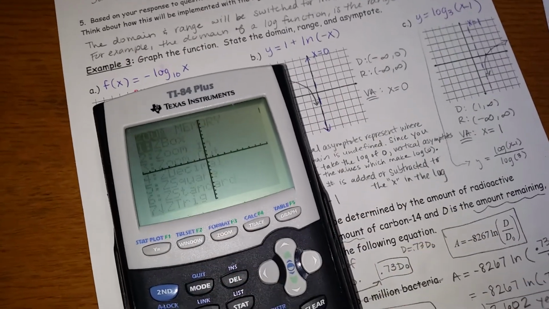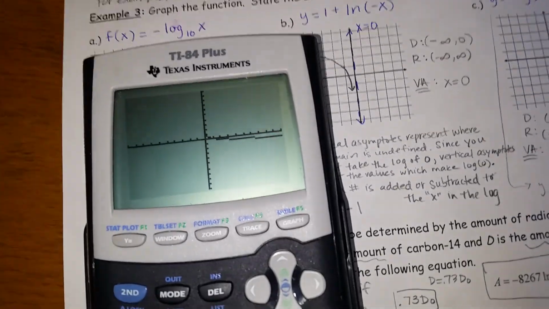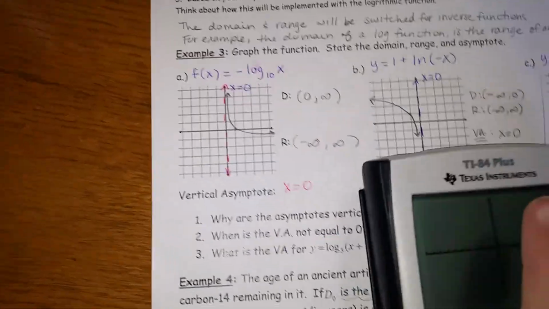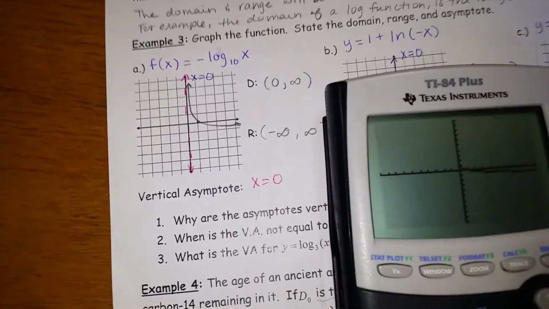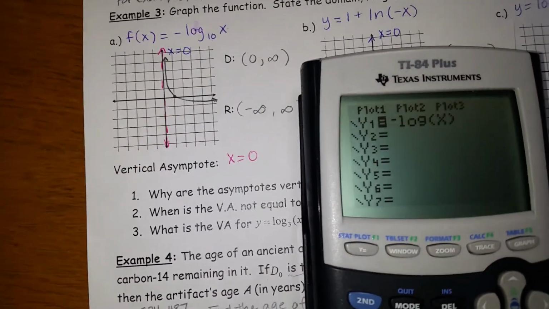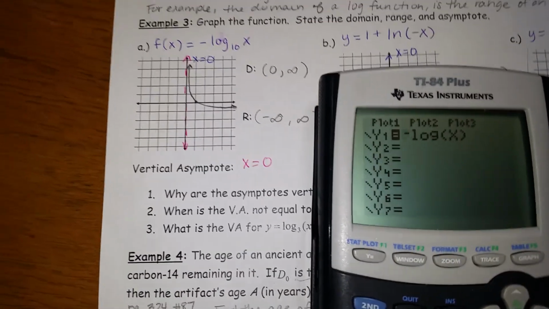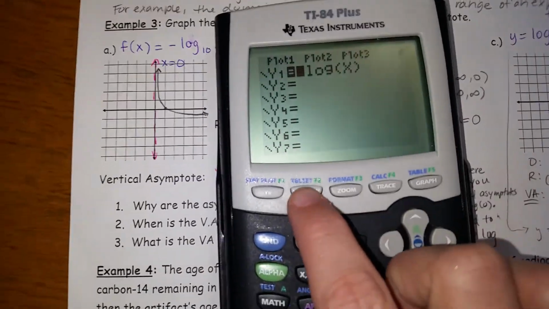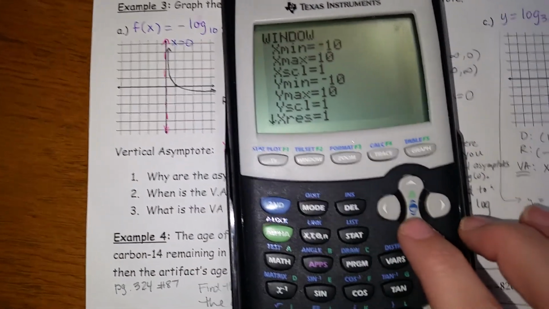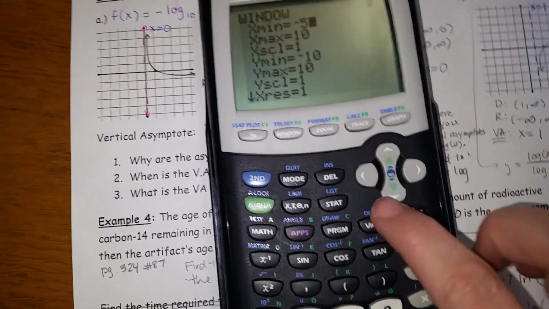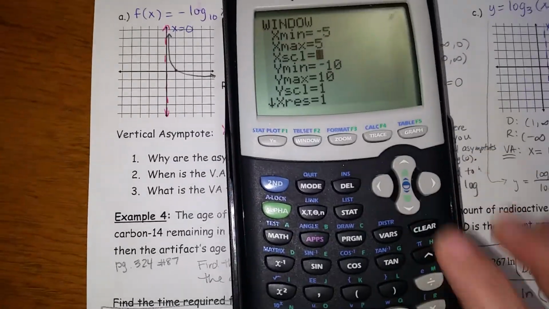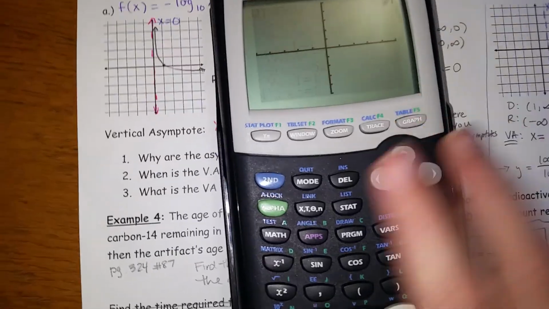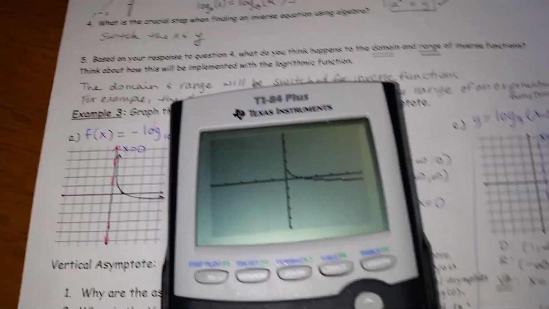I'm going to use my standard window. Okay, and I can only see part of my graph there. Okay, so I have negative log base 10 of x, and then I'm going to just look at a smaller window, from negative 5 to 5 and negative 5 to 5, just like the graph on my paper.